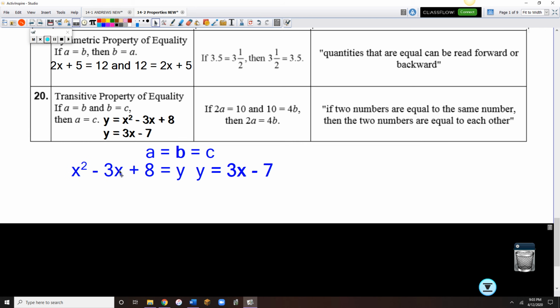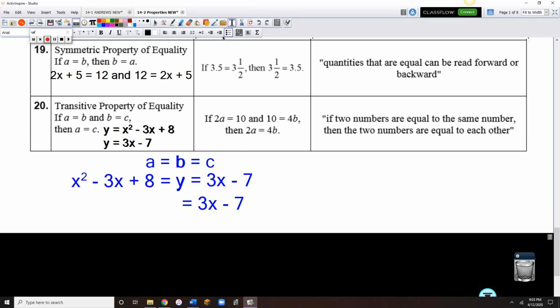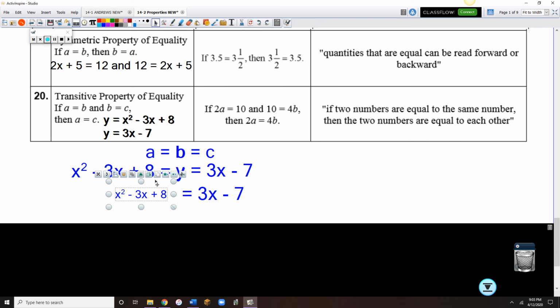So if I move these together, giving away my next little trick here. If both of these things equal y, that means that I can pull each side down, and they equal each other.